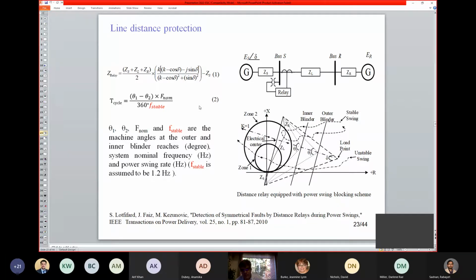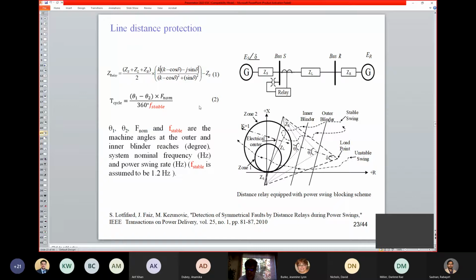In the next few slides, I will discuss that. You may get faster power swings, especially if you have renewable energy with low inertia. So the problem is how to differentiate between faults and power swings. Of course, this is a three-phase fault.